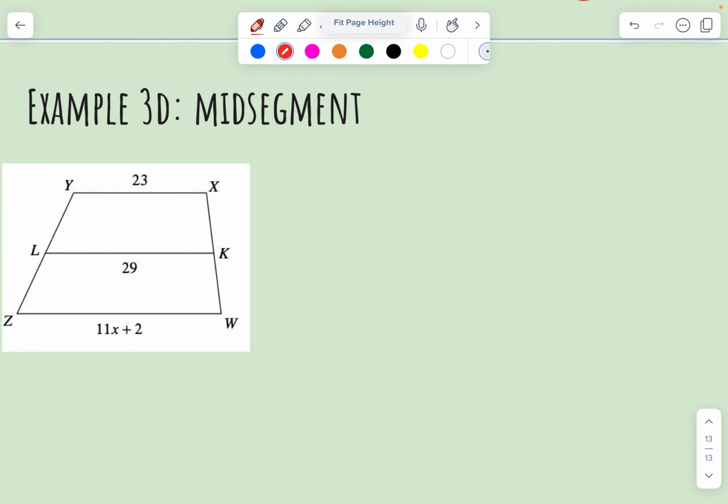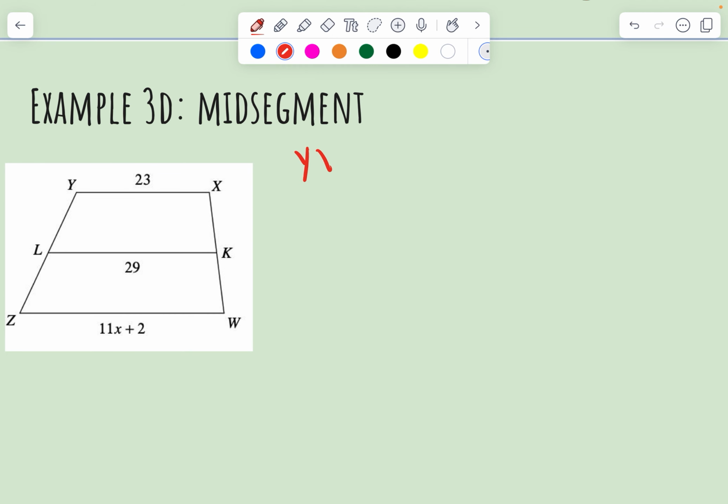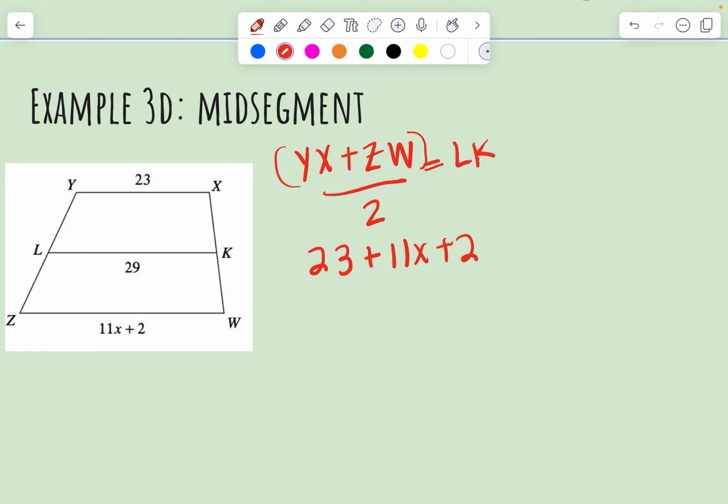All right, one more here. We know that YX plus ZW divided by 2 gives me LK. So plugging in what we know, 23 plus 11x plus 2, that whole thing divided by 2 gives us 29. We're going to get rid of this 2 that's being divided, so I'll multiply both sides by 2.